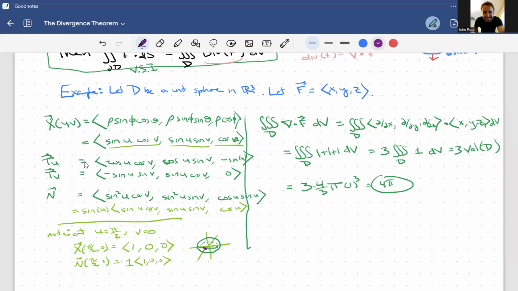And my normal vector is the normal vector 1, 0, 0. So it is also pointing in the positive x direction. So I'm just verifying that this is, in fact, an outward pointing normal vector.